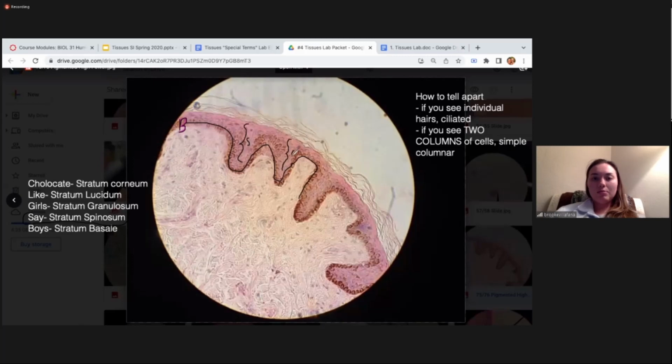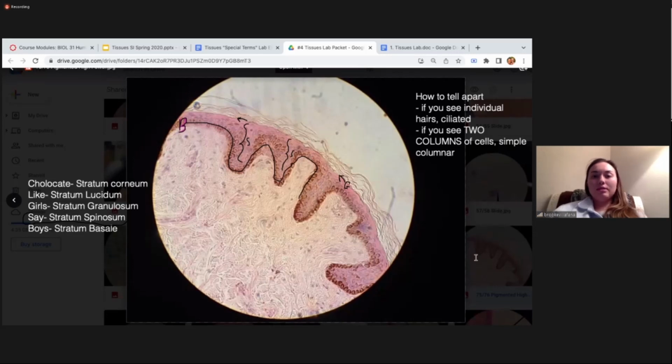Good, stratum spinosum. Granulosum is the line right here. So this line at the top, kind of basically where we turn from the pink side to kind of the more light side. This is G, granulosum. Boys say, girls. So next we have like and then chocolate.